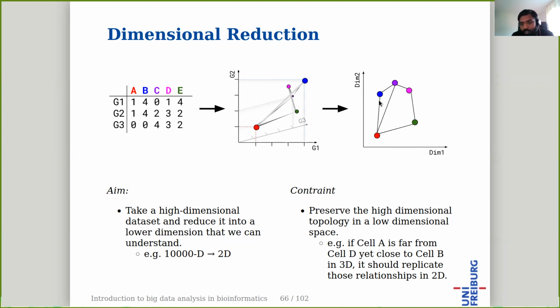And that's how a good dimension reduction should look like. So we have a direct link between red and blue here, A and B, but not A and D, because there's no direct connection. So the topology should be preserved in the 2D.